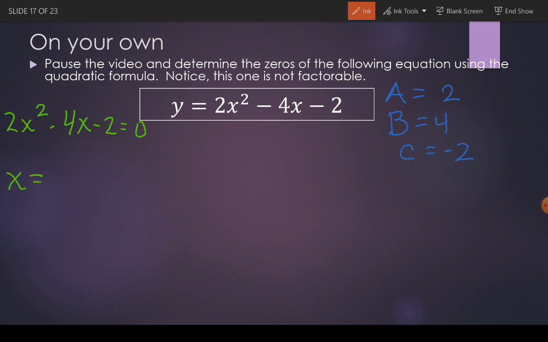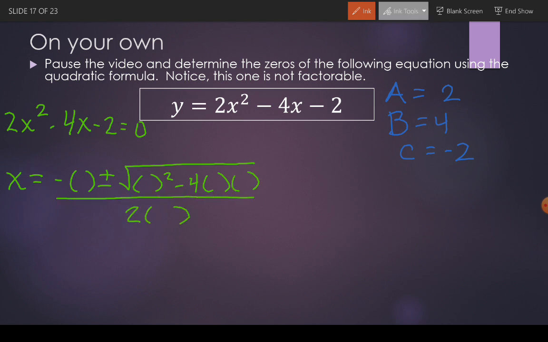So x equals negative b plus or minus the square root of b squared minus 4ac all over 2a. So negative b, so I apologize, our b is supposed to be negative 4, I just wrote 4.